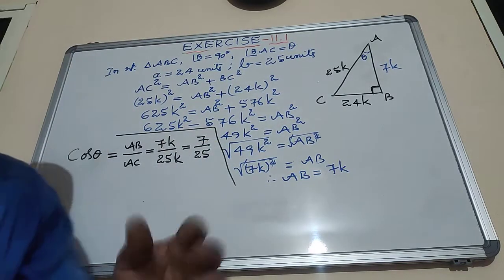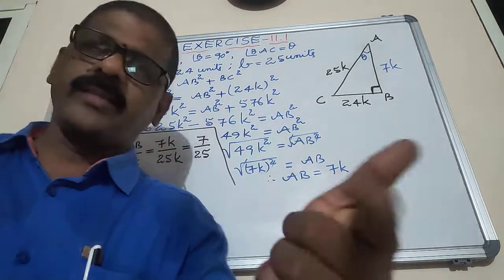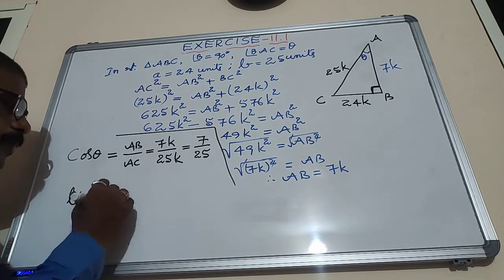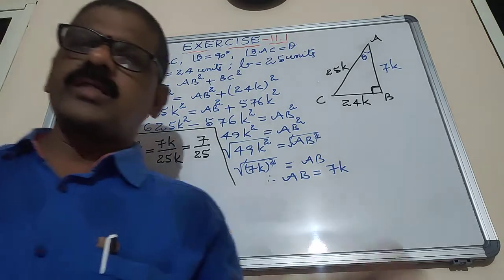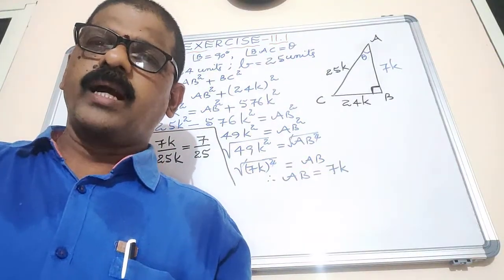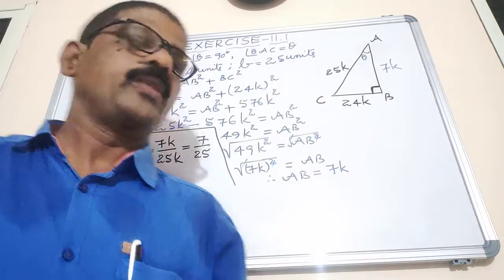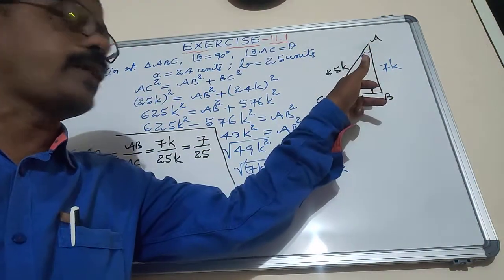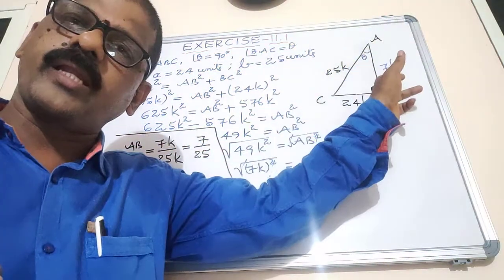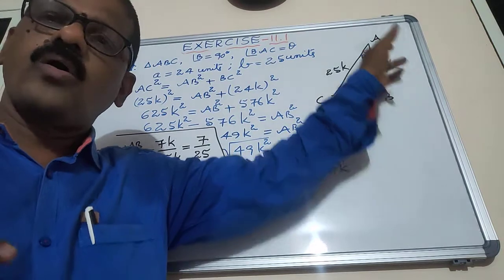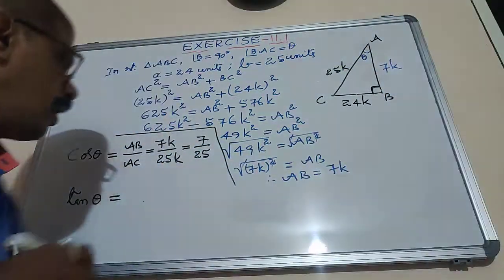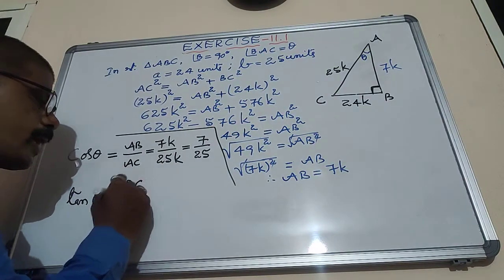The next one, you have to find tan theta. What is the definition of tan theta? The opposite side to theta over the adjacent side to theta. The opposite side to theta is BC, and the adjacent side is AB. So tan theta is BC by AB.